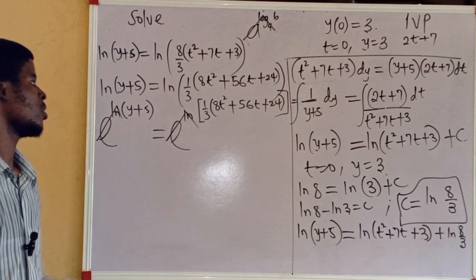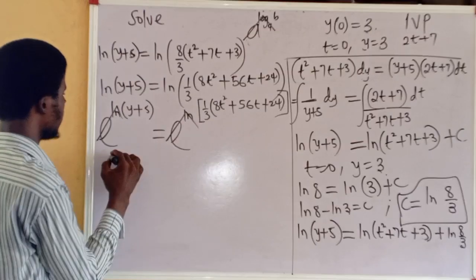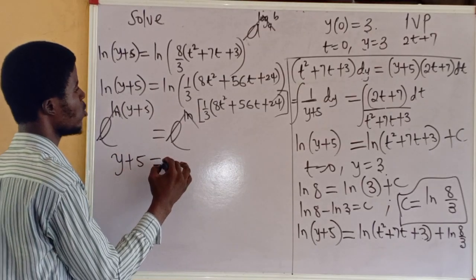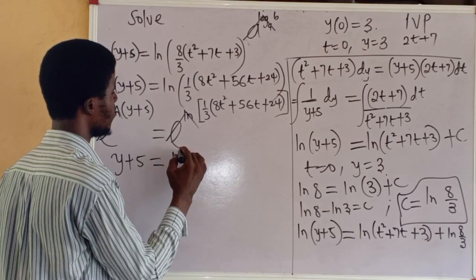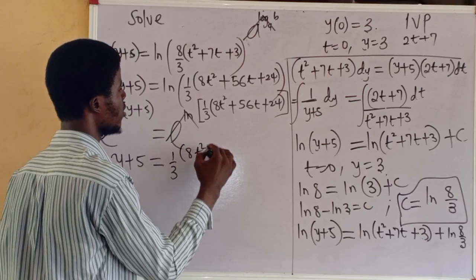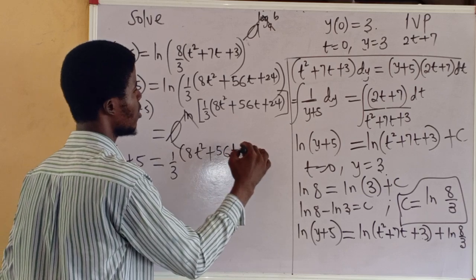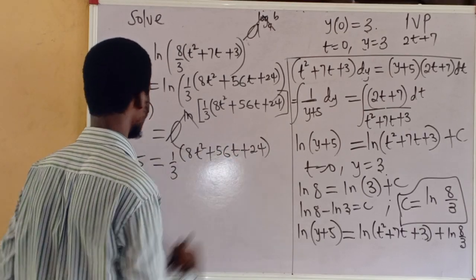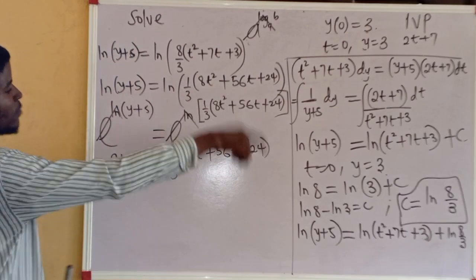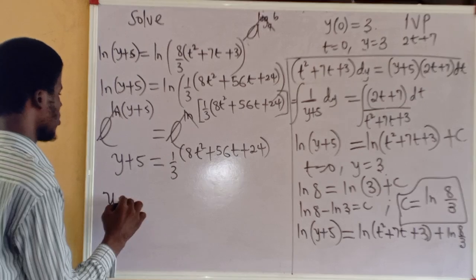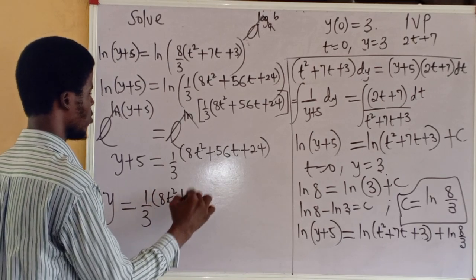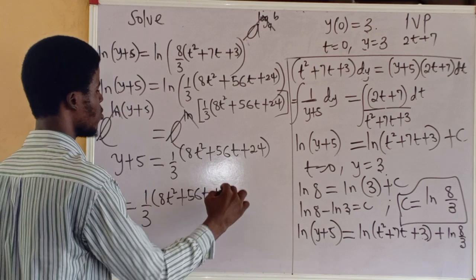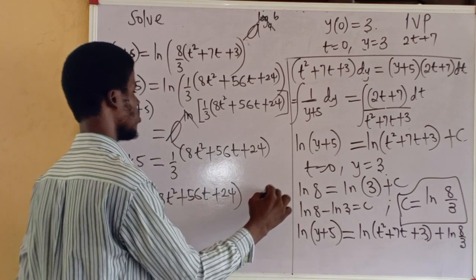So y plus 5 is equal to 1 over 3 into 8t squared plus 56t plus 24. I can take 5 to the other side. y is now equal to 1 over 3 into 8t squared plus 56t plus 24, minus 5.